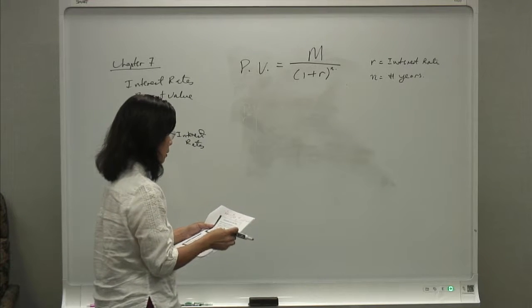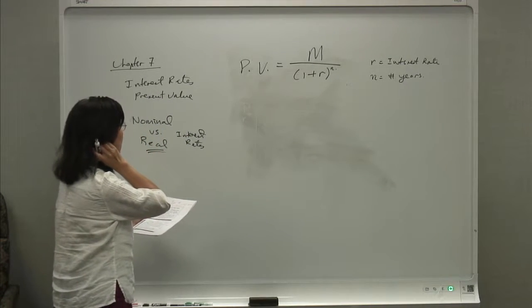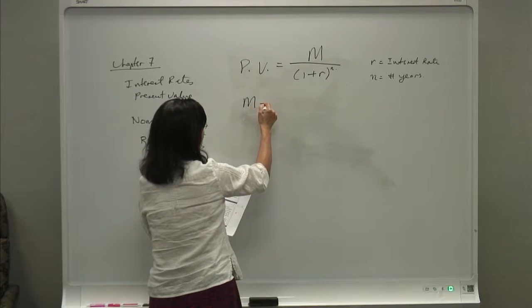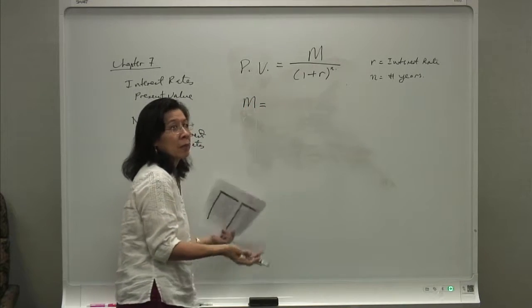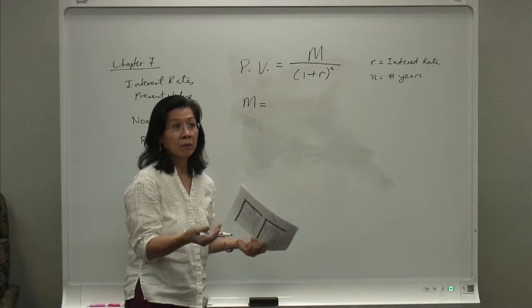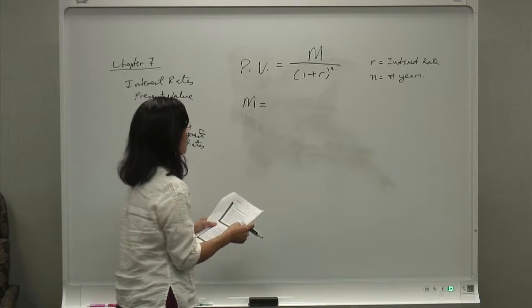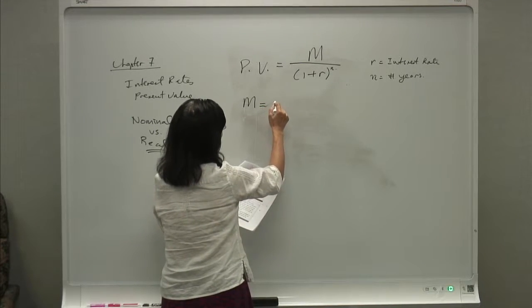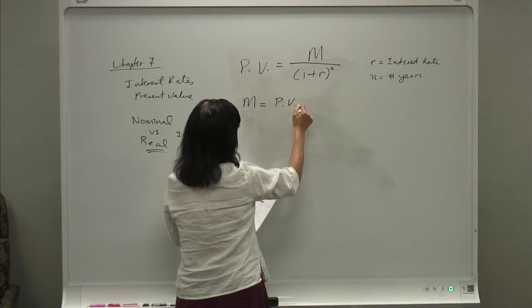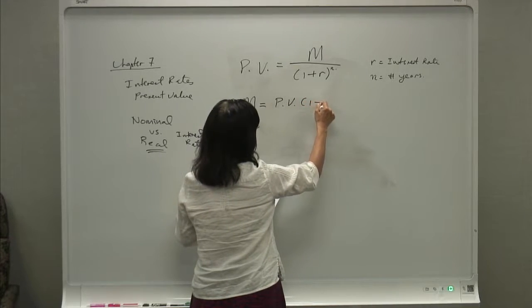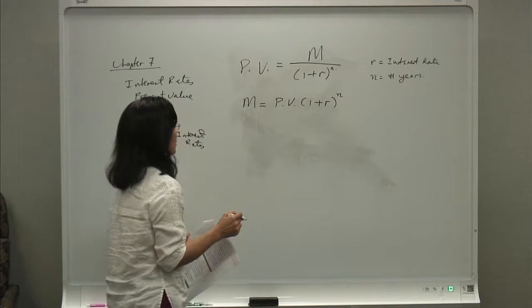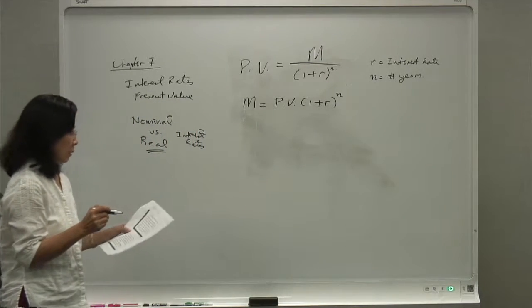It's just easier to work with. In other words, you could rewrite this equation. So your payment, like how many payments you have to make every month for the next 2 years or 5 years or 10 years. If you rewrite the equation, this becomes your present value multiplied by 1 plus r raised to the power n. Okay, I hope you could see that.